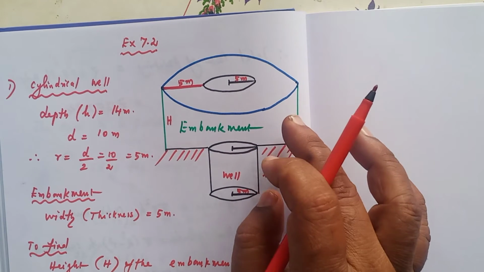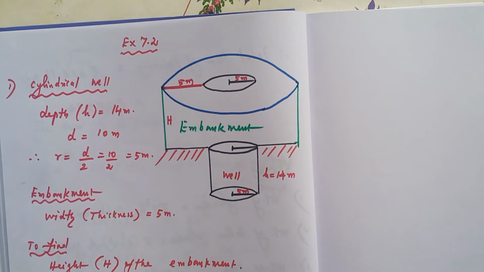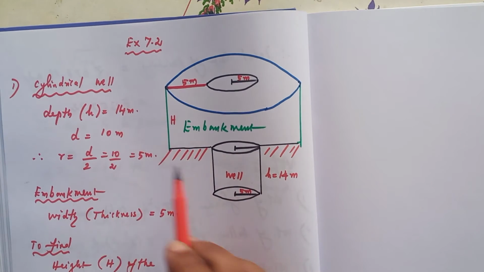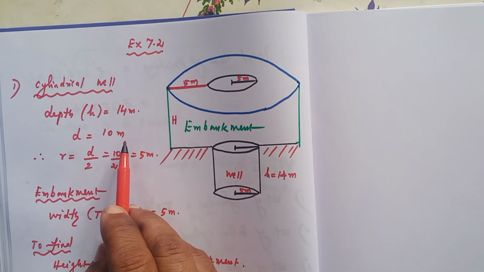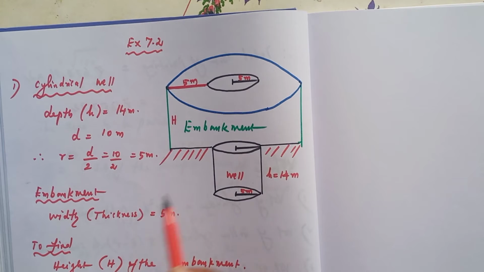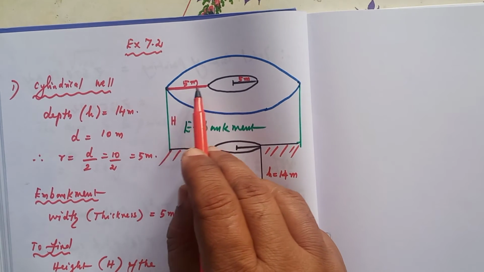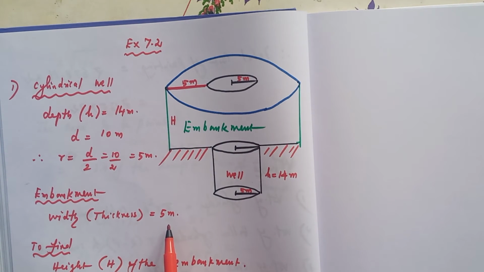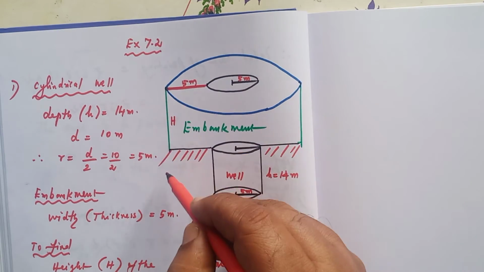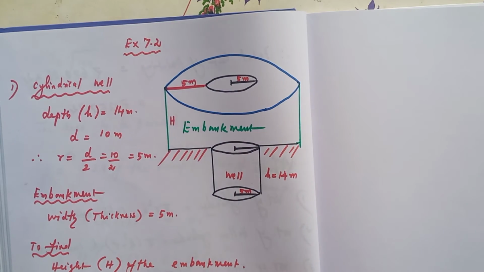It is in the shape of a cylinder only. Here depth h is 14 meter, cylindrical well, diameter 10 meter, therefore radius half of that, 5 meter. Embankment width means the thickness, that is equal to 5 meter. Then you are asked to find out the height of the embankment. I consider it as capital H.